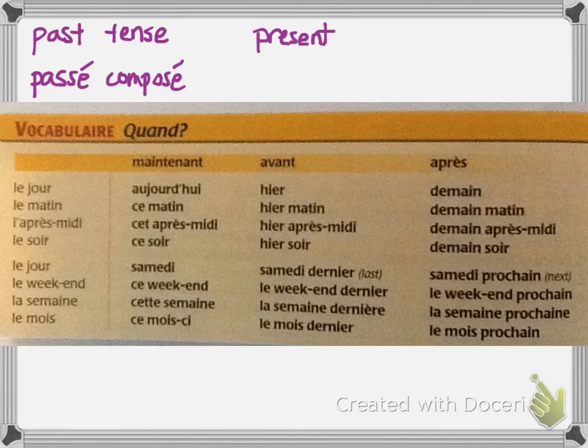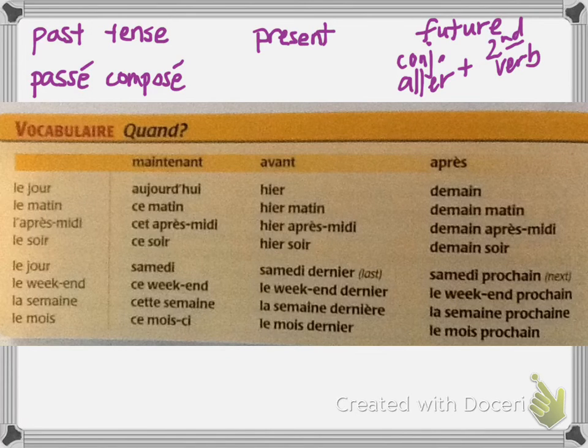And you can talk in the future tense where you're going to use a conjugated form of aller plus a second verb in the infinitive. Both the future tense and the past tense require 2 verbs, right? Because the passé composé is a conjugated form of avoir plus your past participle.